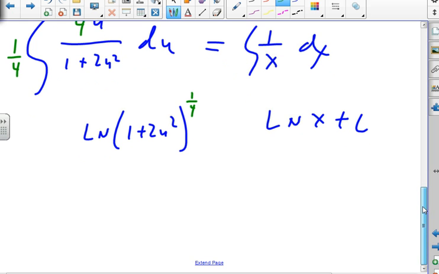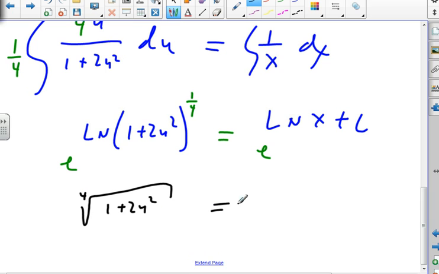Well, I'll just make these exponents of e, and then I would have the 4th root of 1 plus 2u squared is equal to cx. Yeah, I guess so.